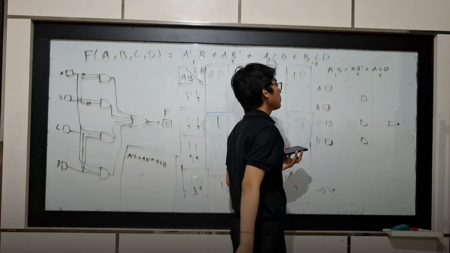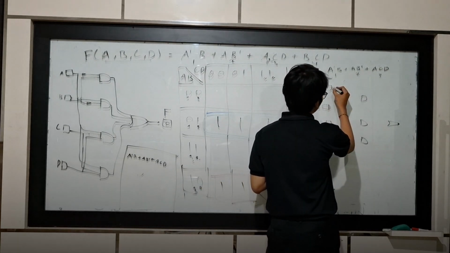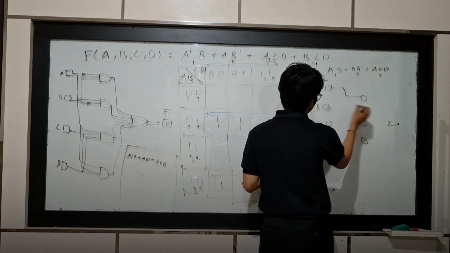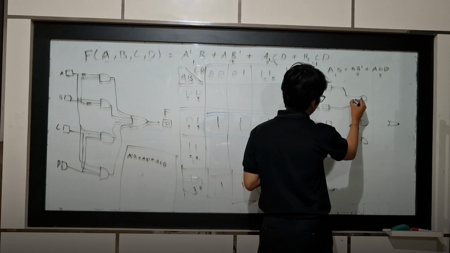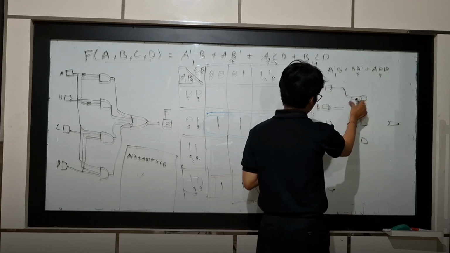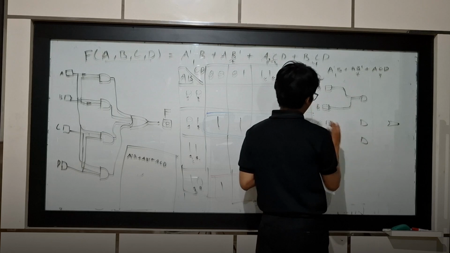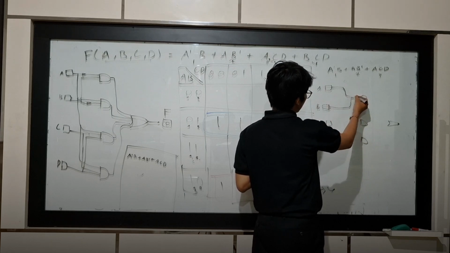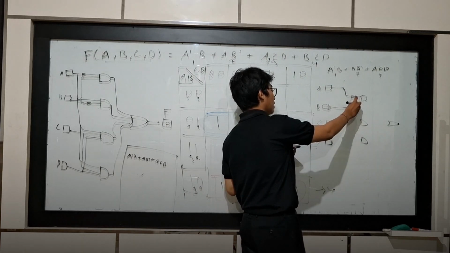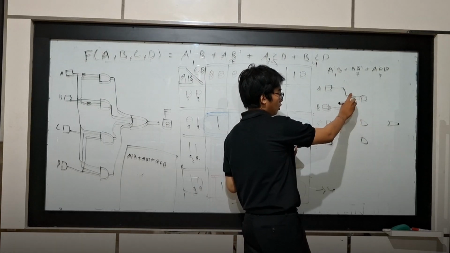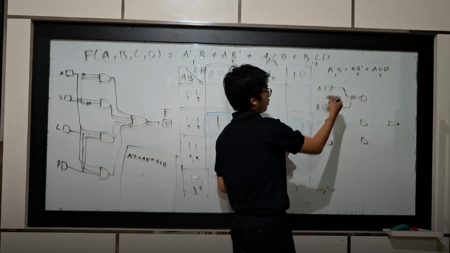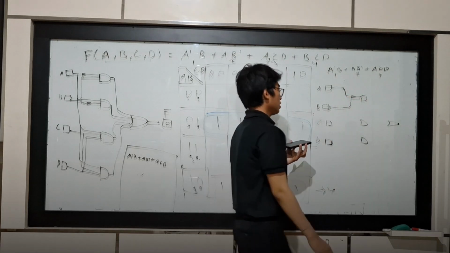A inverse B. So the A is connected to the first AND gate, and the B is also connected to the first AND gate. But in this area, the A is inverse, so I'm gonna make the inverse, or the NOT logic gate. This is the NOT logic gate, which means A is inverse.